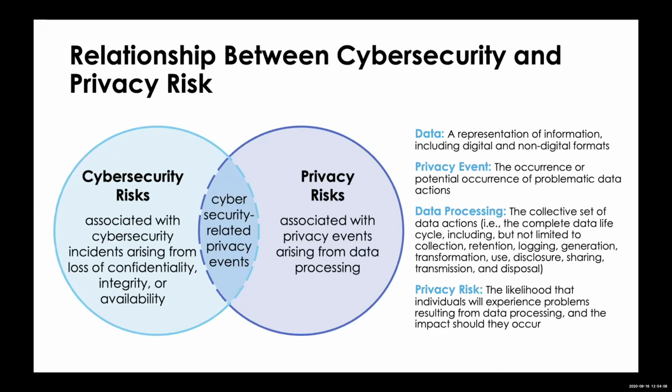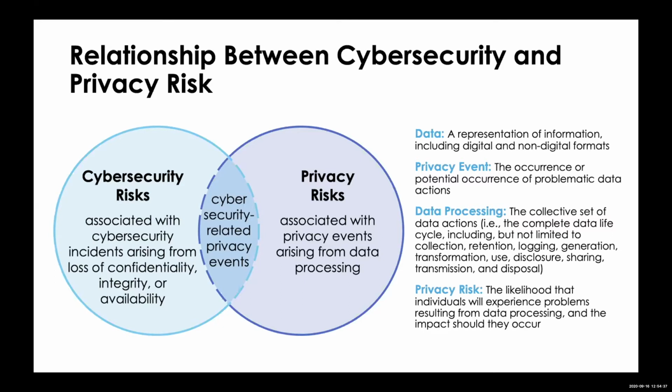So when we look at the overlap here, this would be the kind of cybersecurity related privacy risks that we might be familiar with when it comes to things like a data breach, where this data leakage, so to speak, or this breach could be the result of an unauthorized access, but it could actually down the line lead to problems for individuals that are associated with privacy risks.